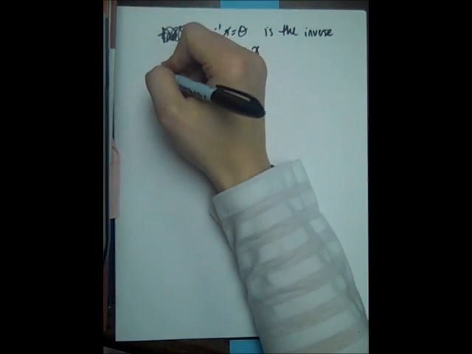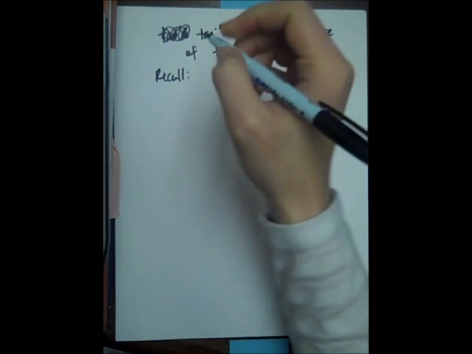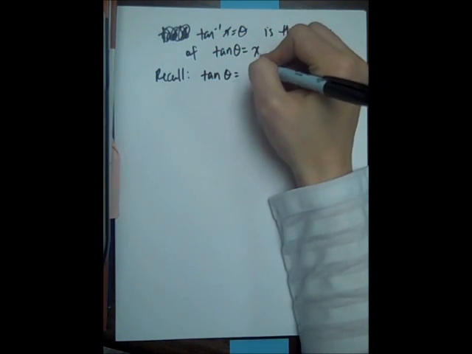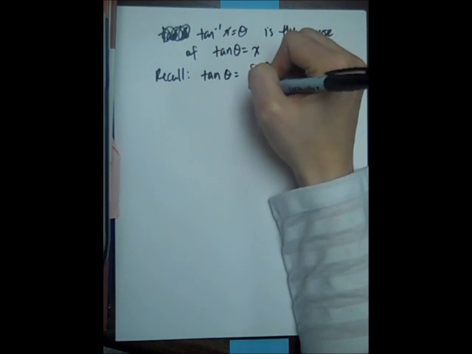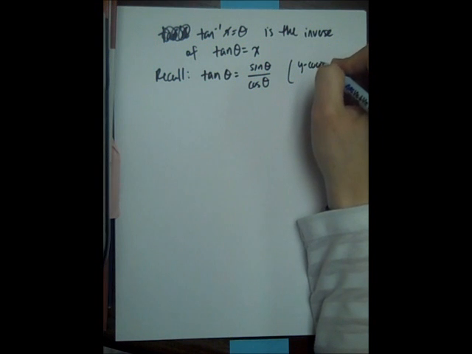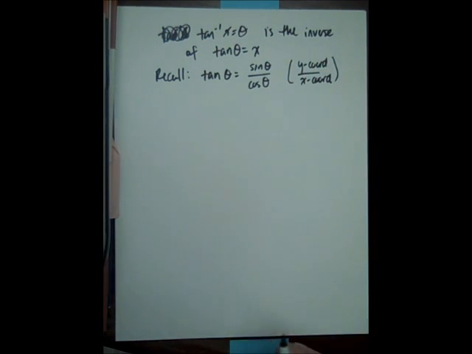One thing that we do want to recall is that tangent of theta is sine theta over cosine theta. So this is taking the y-coordinate and dividing it by the x-coordinate on our unit circle. So we do want to recall that when we're talking about tangent.